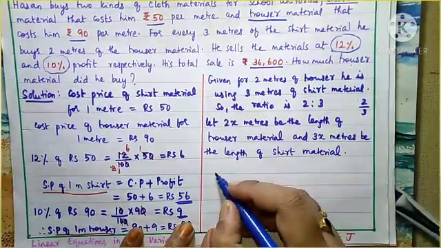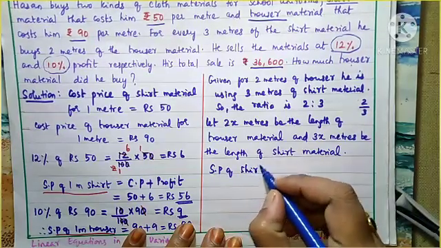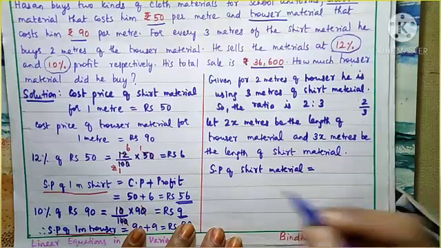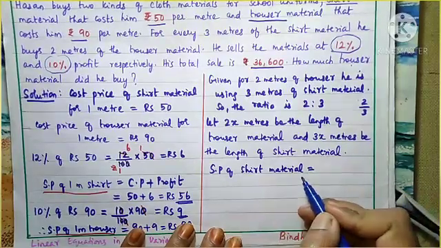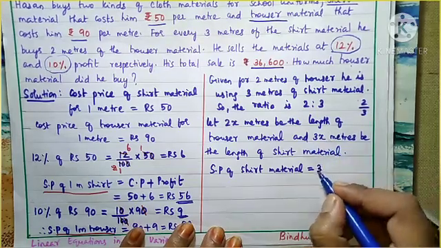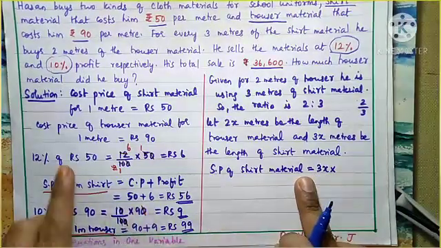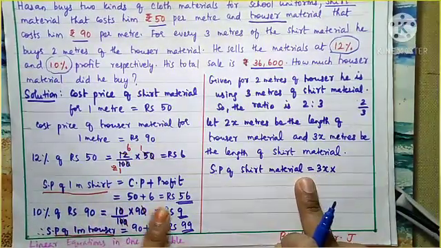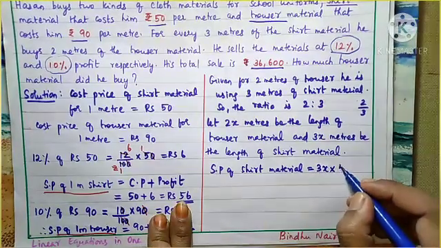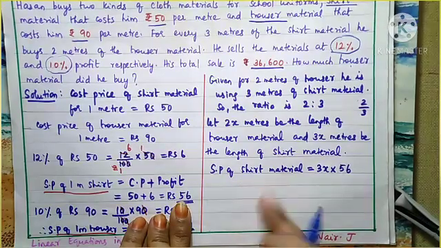So let us calculate the selling price of shirt material. What is the selling price of shirt material? Total how many we have taken? 3x. So 3x into what is the selling price of shirt for 1 meter? Yes, 56 rupees, correct? So 3x into 56 rupees is the selling price of shirt material.